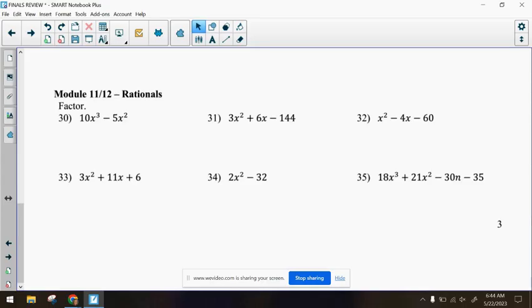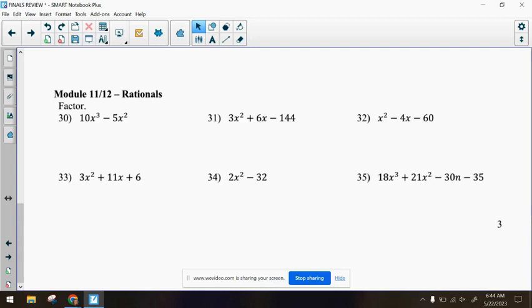On to module 11-12, which is our rationals module. As a reminder, our rationals module is a lot of factoring. So you have to know how to do those skills with factoring in order to be successful.